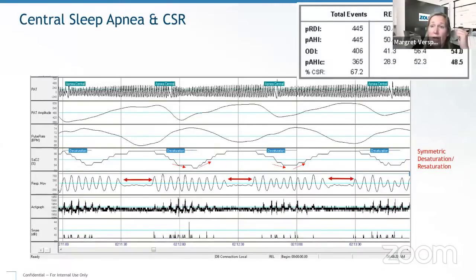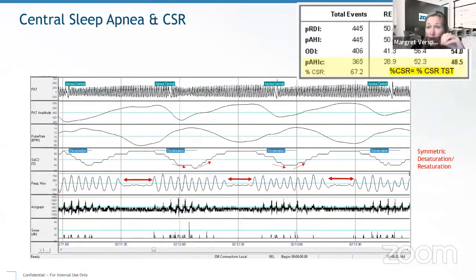We have the central index also in the report. So we give the PRDI, the PHI, which stands for PAT apnea hypopnea index, because it's measured by PAT signal, not by flow. Also the central index we have in the report. The central index is part of the total AHI.